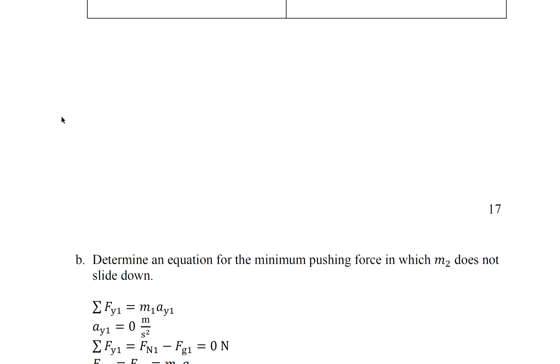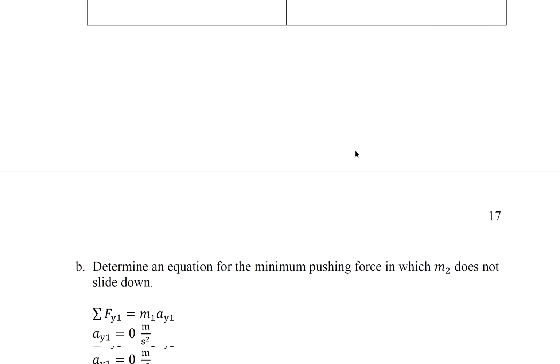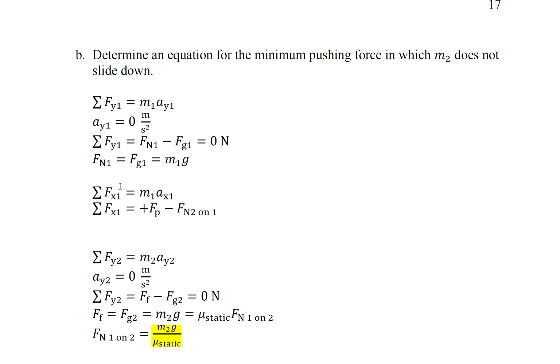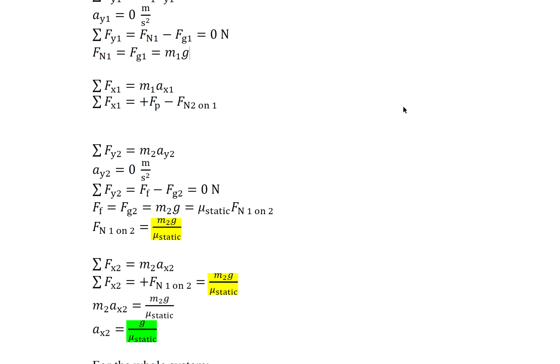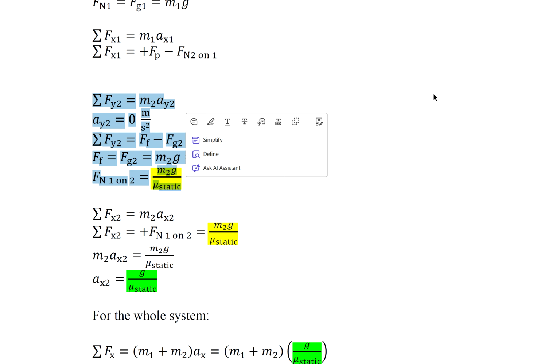So you could say we have four equations, right? Sigma F equals ma for the x-axis for both masses, and sigma F equals ma for the y-axis for both masses. So for m1, we get this for the horizontal axis. For m1, we get this for the vertical axis. For m2, we get this for the x-axis, and we get this for the y-axis.